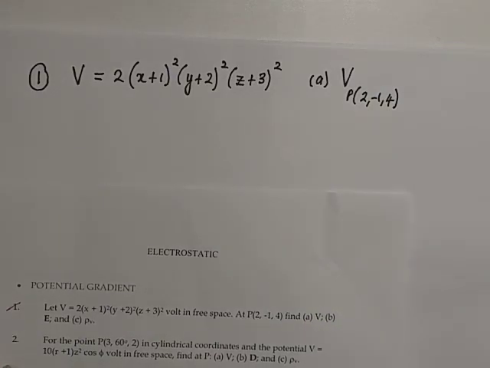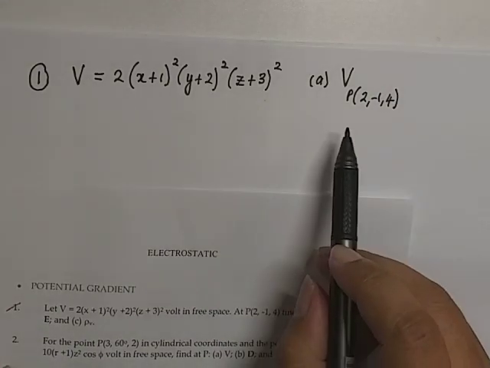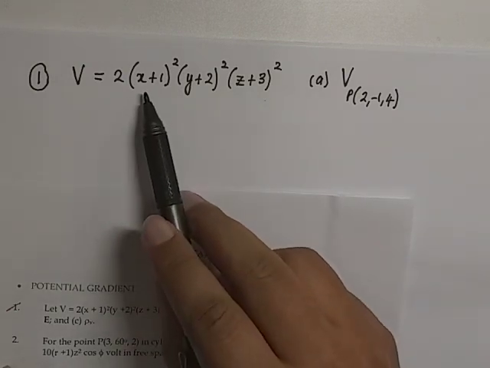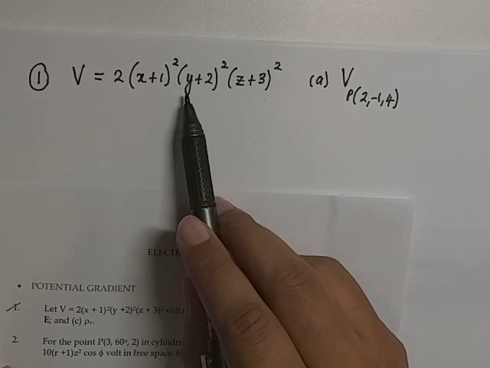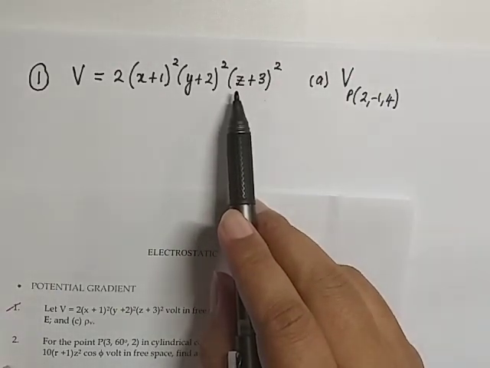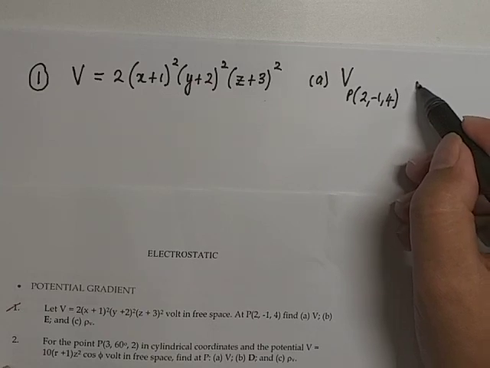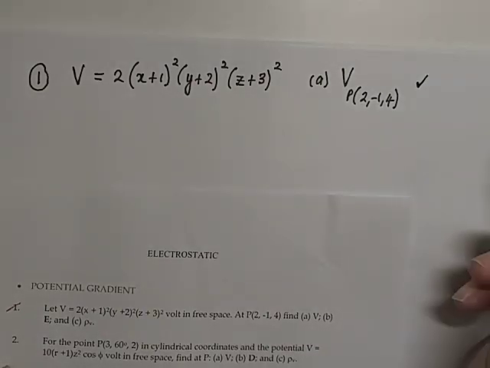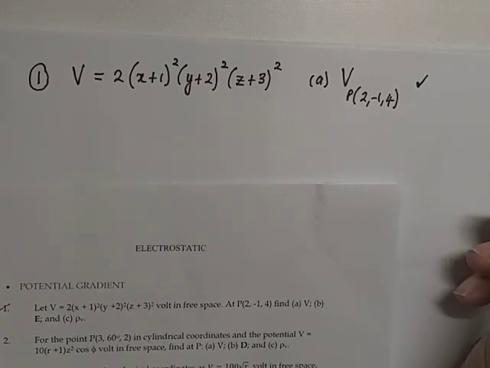I think it's very simple. What you need to do here is just substitute x with 2, y with -1, and z with 4. Then you get a value. Okay, that's done. It's just substitution with the relevant variables of x, y, and z. So you just need to do that for part A.